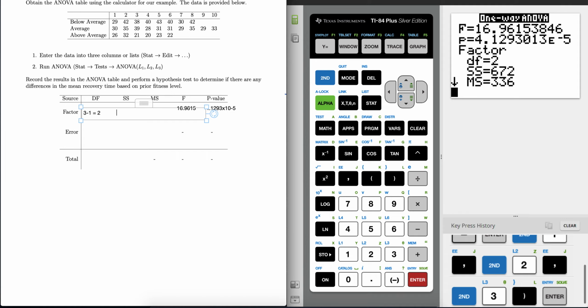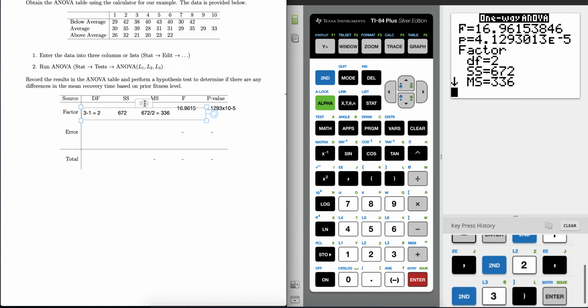For our sum of squares, they give us that calculation of 672. And then mean squares, remember mean squares is sum of squares, so 672 divided by degrees of freedom, which is 2 in this case, and that's where they're getting the 336.